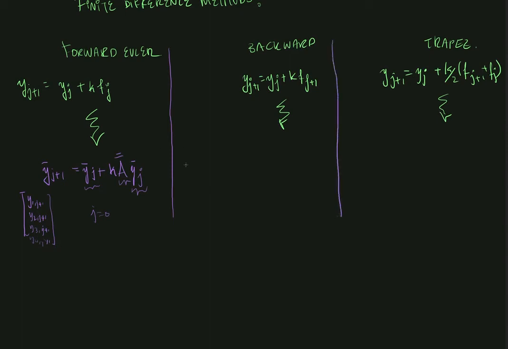And with the backward Euler, we just use exactly the same approach, but where we now realize that instead of using y_j here, we use y_{j+1}. Now, as we noted in week 1, the backward Euler is an implicit method, and as we also did in week 1, we actually isolated y_{j+1} in this expression here. And that is also what we need to do in this expression.